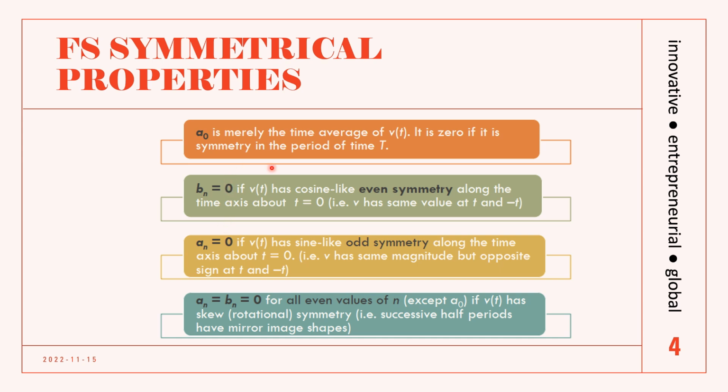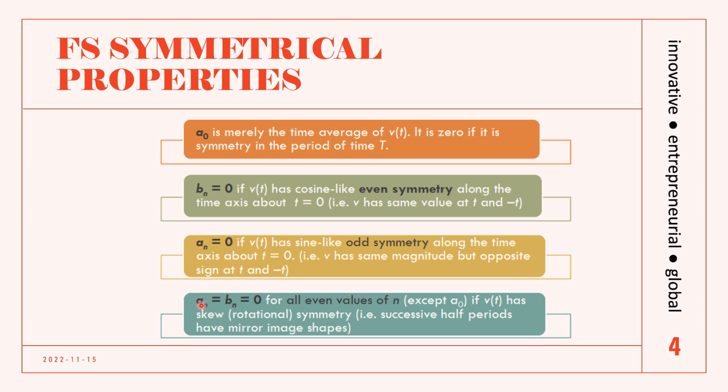For example, for even symmetry, your bn, the coefficient of sine, will be zero. However, for the odd symmetry, your an, the coefficient of cosine, will equal 0, as sine has odd symmetry along the time axis about t equals 0.